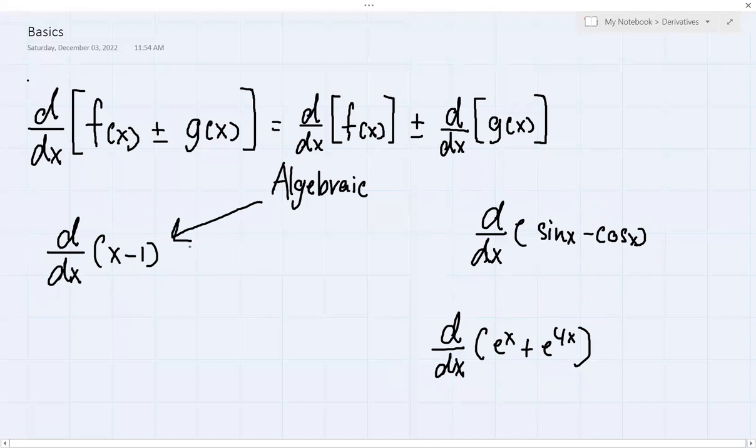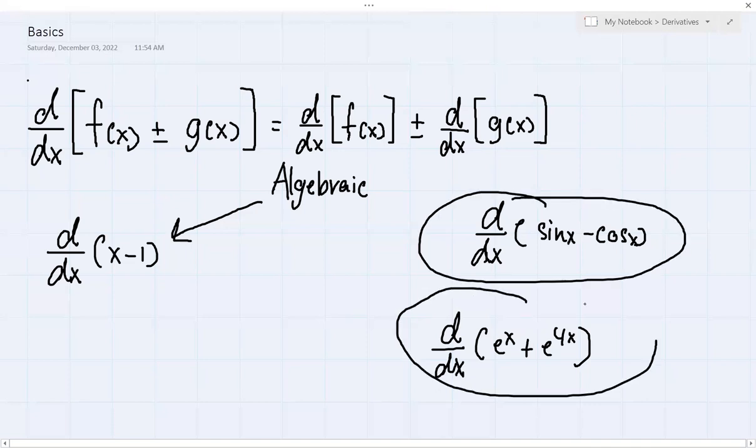So, syempre, focus muna tayo dito sa algebraic. Kasi, if you know the basic rule of applying the sum and difference rule of differentiation at yung tamang paggamit ng iba pang rules of differentiation, then pwede mong isolve itong mga ibang expression na hindi algebraic. Pero, magkakaiba sila ng paggamit ng rules of differentiation.